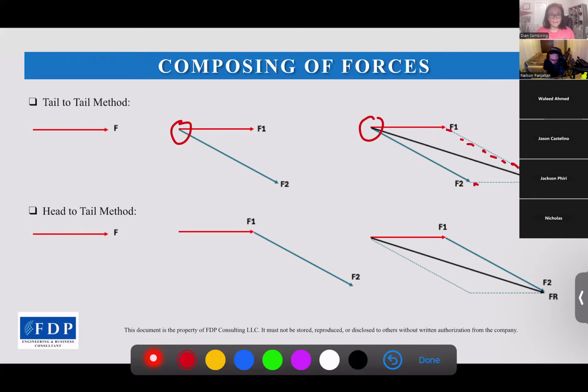This line is in line with F2, and this line is in line with F1.